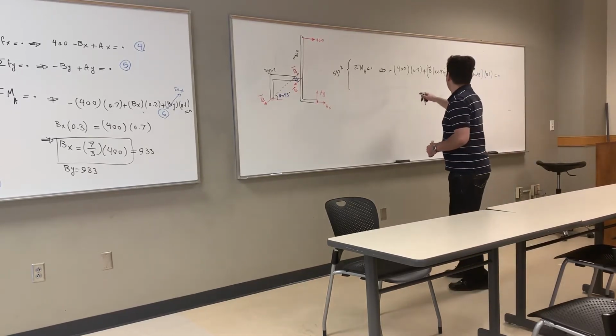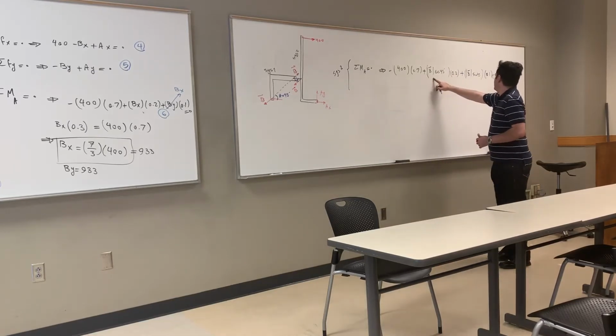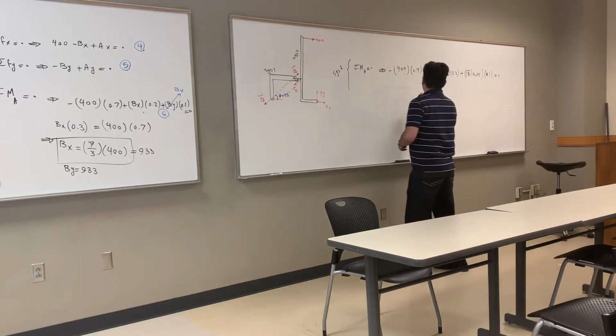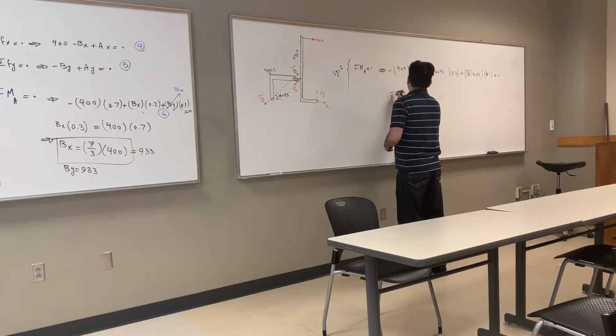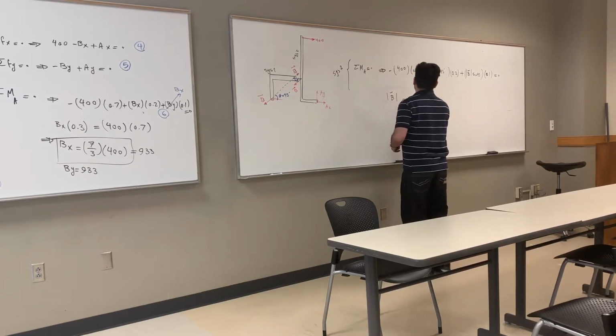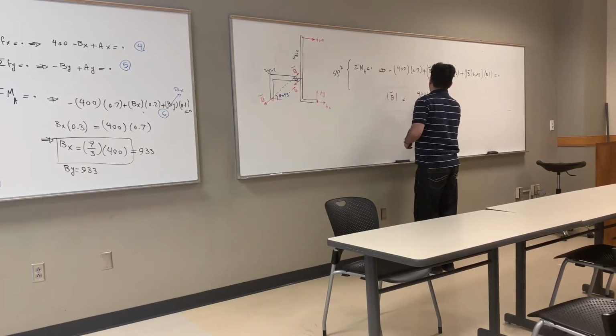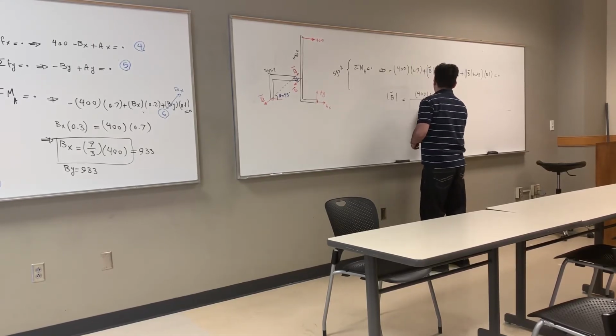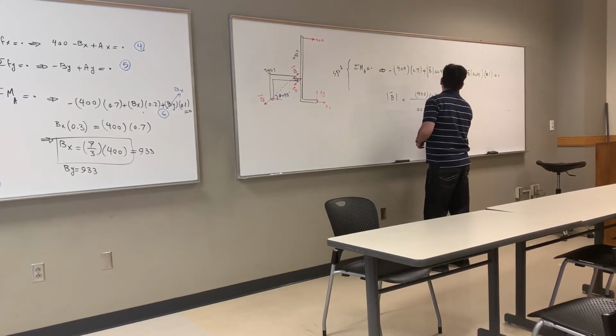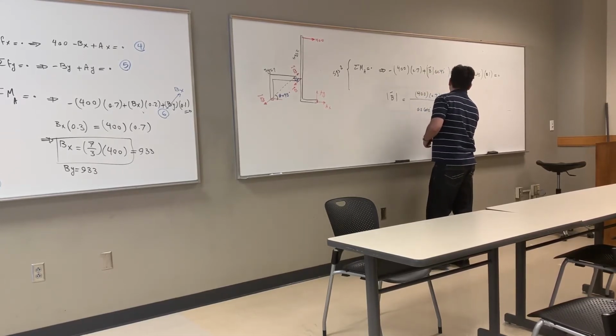Then you can solve for B. In fact, B is equal to 400 times 0.7 divided by 0.2 sine 45 plus 0.1 sine 45.